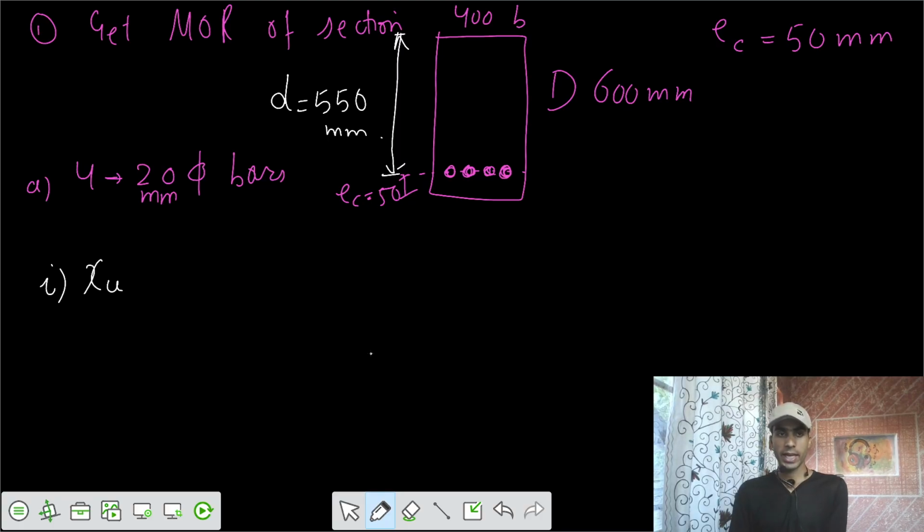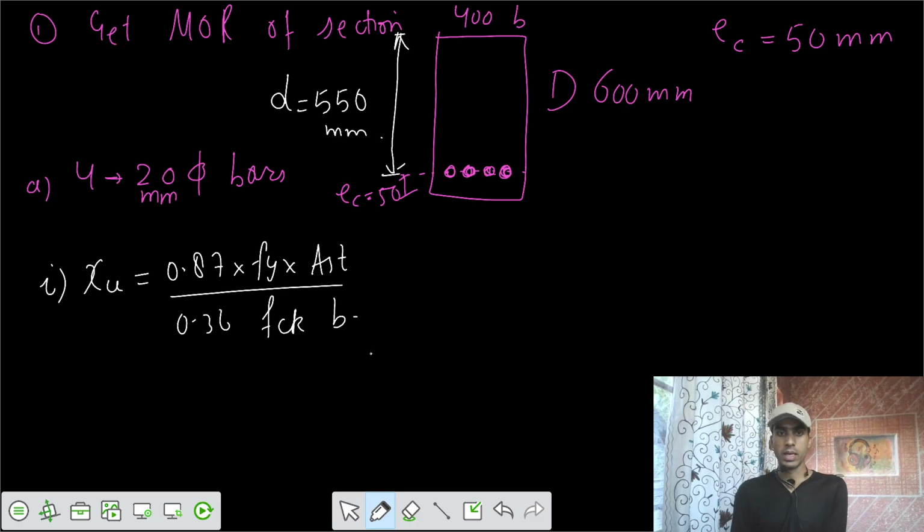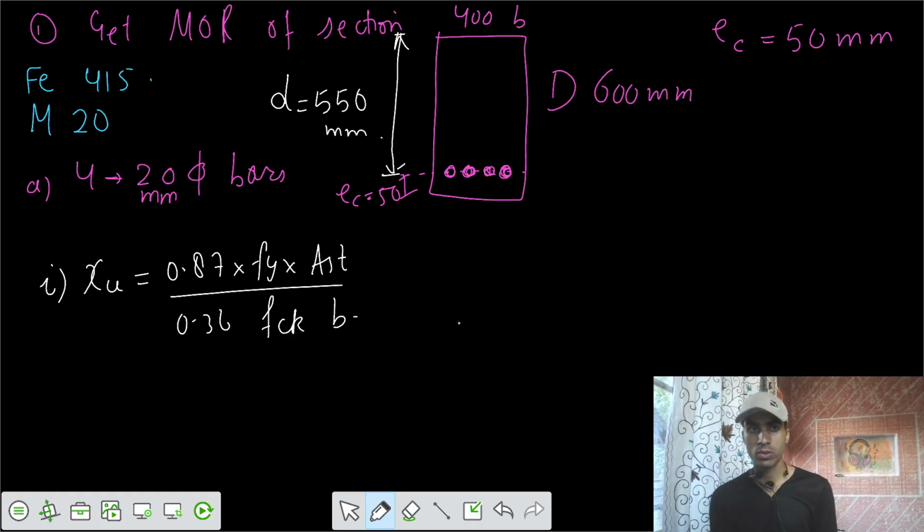So I would say the actual location of neutral axis is equal to 0.87 Fy AST by 0.36 FCK times B. And we forgot the material. We have Fe415 and we have M20 concrete. That means FCK is M20, that is 20 megapascals, and steel has Fy 415.